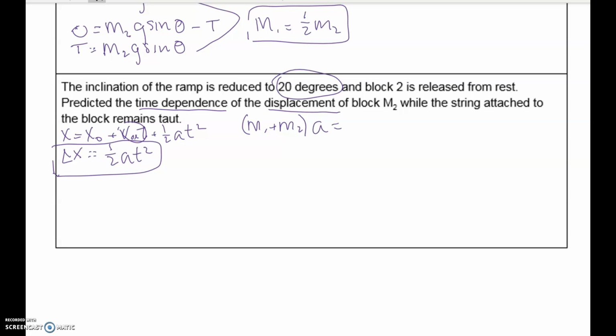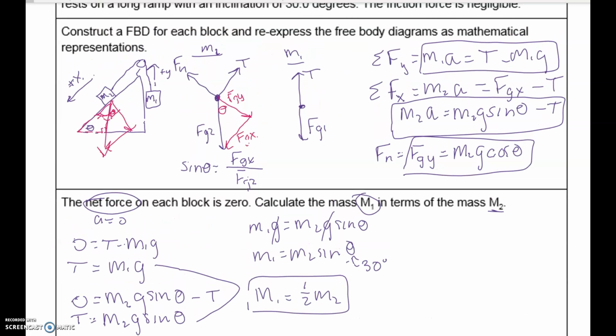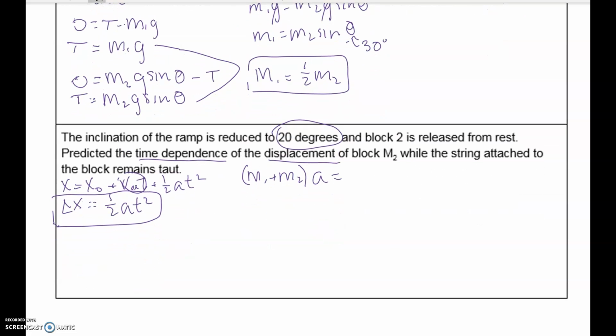That's going to be equal to, well, let's look at the forces we have going on. We've got block M1, negative gravity, positive tension. Then for M2, negative tension and positive x component of gravity, since, again, we're calling upward and down the ramp positive. So I'm going to write all those expressions down.